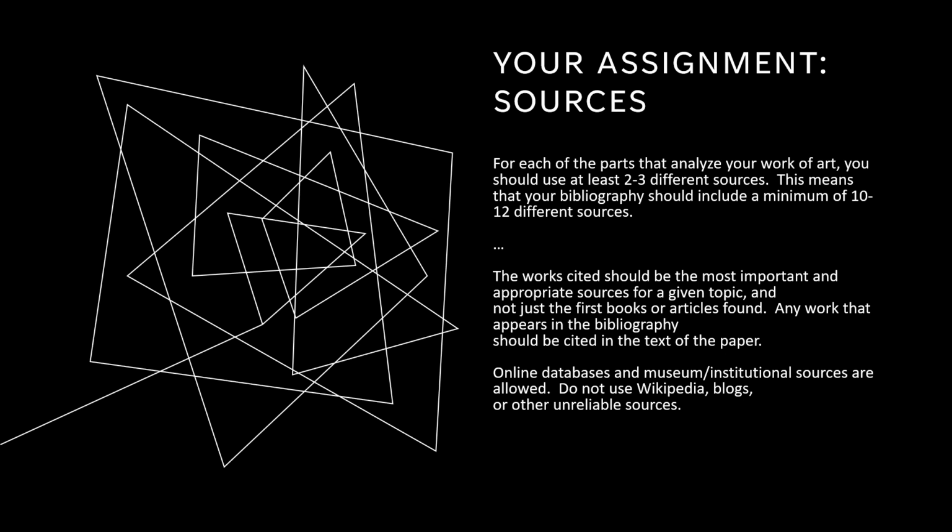And further, your professor is expecting you to use a minimum of 10 to 12 different sources, and they want the sources to be found in online databases and other institutional sources. This means you're probably looking for scholarly articles or articles in art criticism publications.